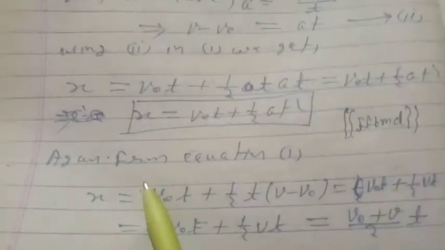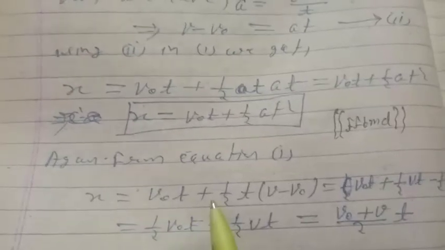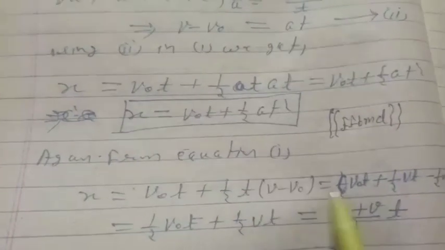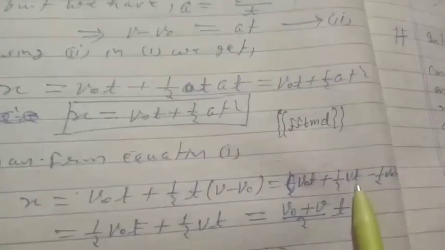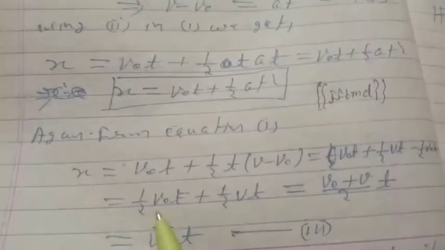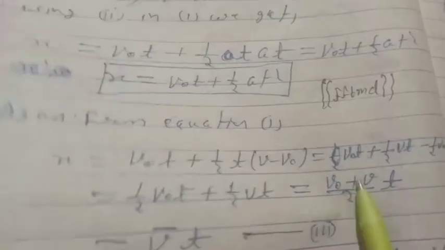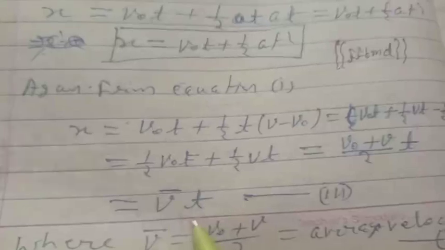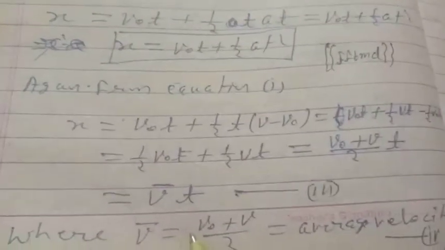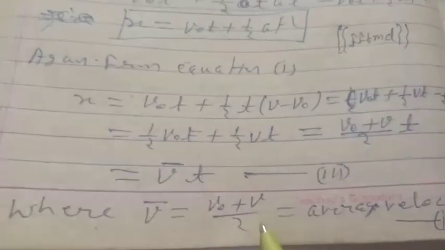Again, from equation 1, x equals v naught t plus half t into v minus v naught, which gives v naught t plus half vt minus half v naught t, equals half v naught t plus half vt, equals v naught plus v by 2 into t, or equals v average into t, equation 3, where v average equals v naught plus v by 2, the average velocity, equation 4.